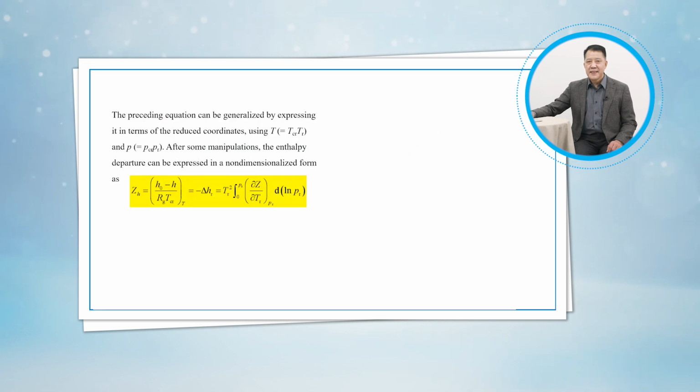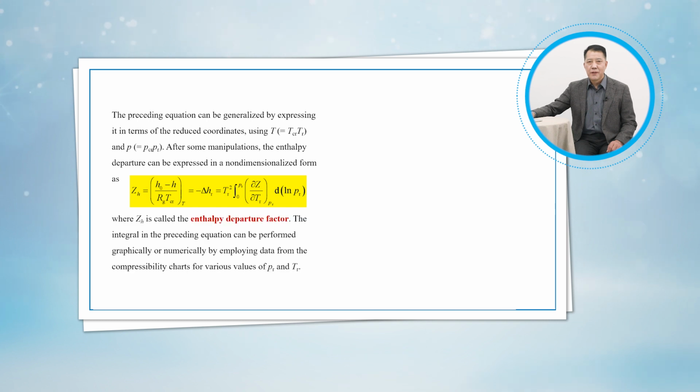The preceding equation can be generalized by expressing it in terms of the reduced coordinates using T and P. After some manipulations, the enthalpy departure can be expressed in a non-dimensionalized form as follows, where Z_h is called the enthalpy departure factor.